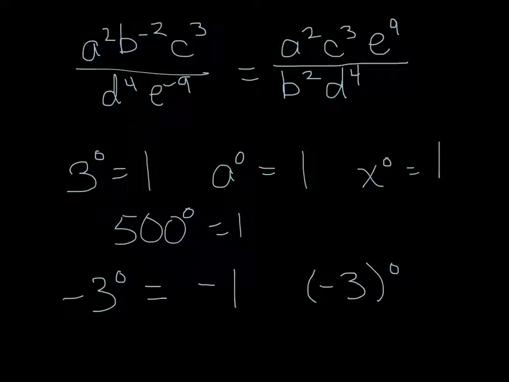Well, then anything raised to the 0 power is 1, so it would be a positive 1. So you have to be careful of where the negative sign is. If the negative sign is inside parentheses and then you raise that whole thing to a power, the answer is a positive 1. If there's no parentheses, then you raise the number to the 0 power, make it 1, and then take care of the negative sign so it becomes negative 1.